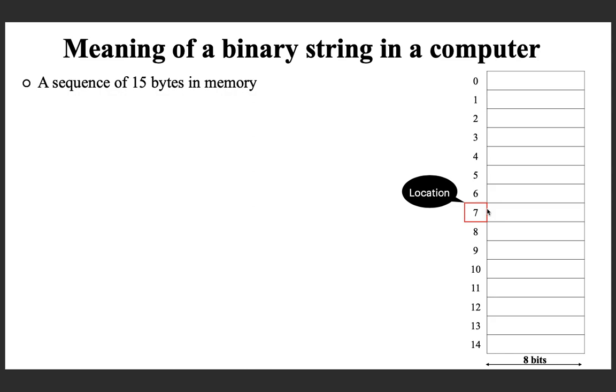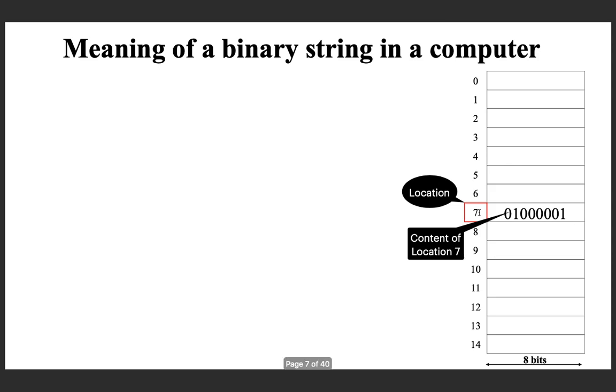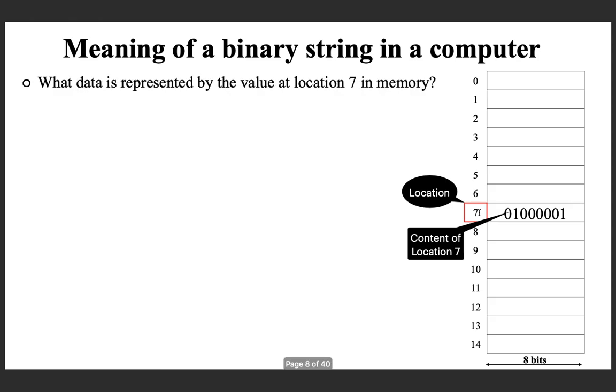Now once you know the location, you can see what is the content of location 7. The content must be a binary string of length 8. Assume that this is the binary string at this location. Now ask this question: what data is represented by the value at location 7 in memory?